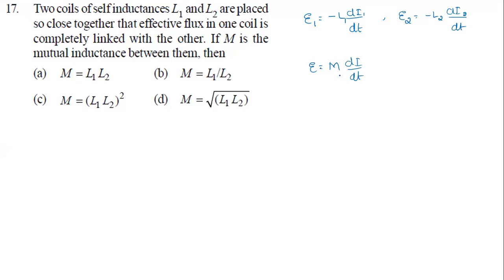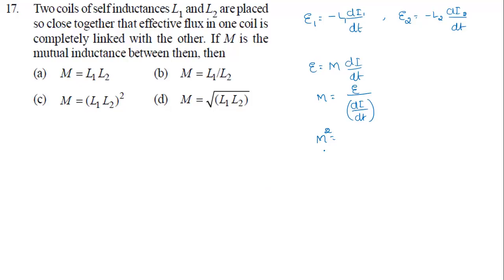So there are two coils. Then I can write M equals E by di by dt. So this I'm going to write like this: M equals E over di by dt we got to know. Then can I say M square like this?